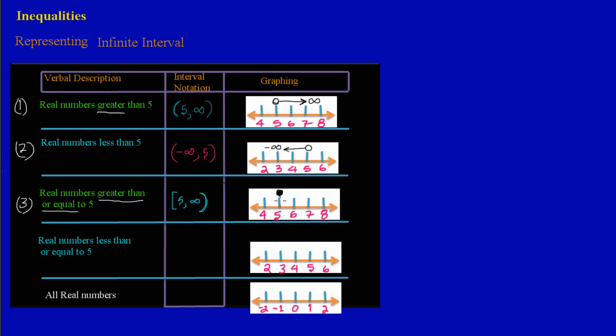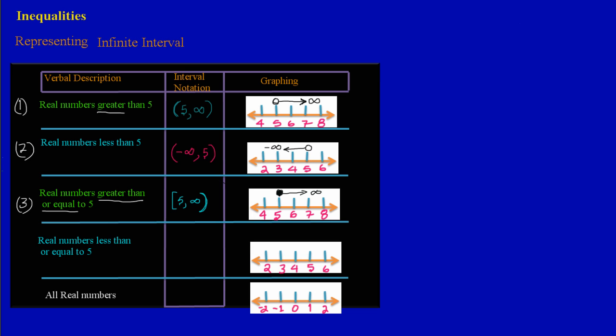When I shade it, it simply indicates that 5 is included. It is equal to 5. And again, I'm going to go to my right because it's greater than, put on my arrowhead, and indicate that I'm going to positive infinity. So this is how you would represent this example using interval notation, and this is how we would represent it on a number line.